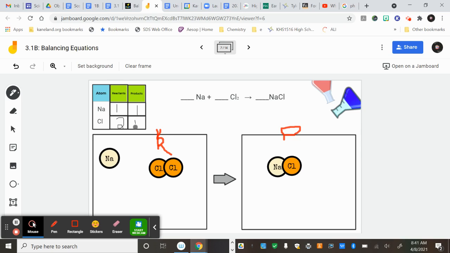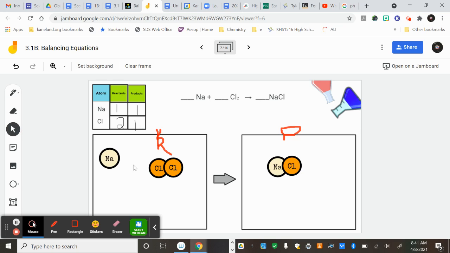and one Cl. When we're talking about balancing equations, this is what we're talking about. We have one Na on each side, but for the Cls, there are two on the reactant side and only one on the product side. We cannot have that. It has to be balanced, right? So we have to add a Cl to this side in order to balance the equation.